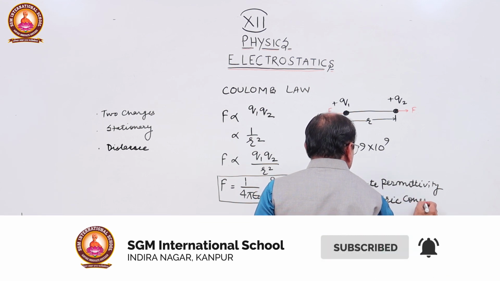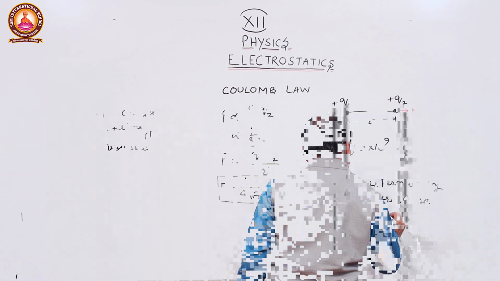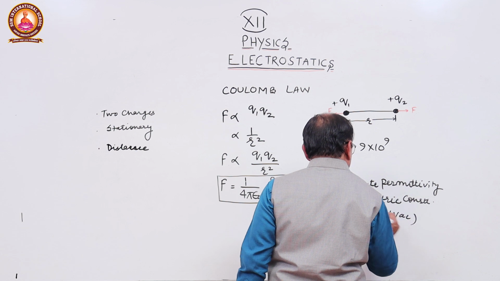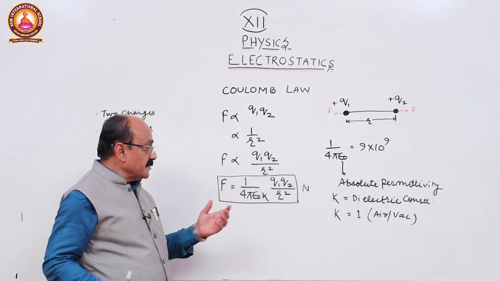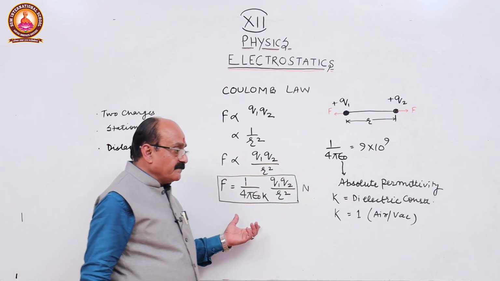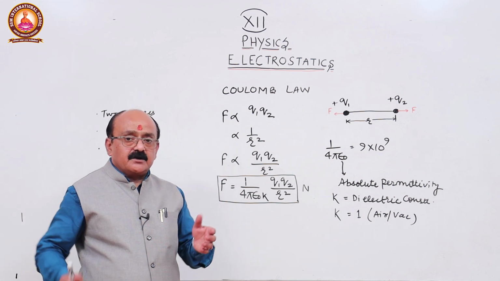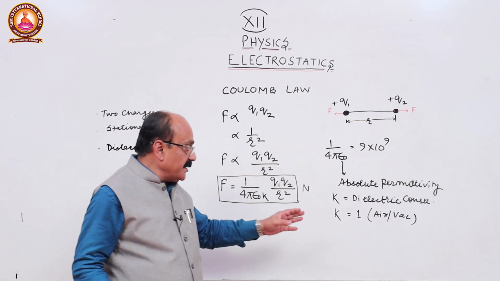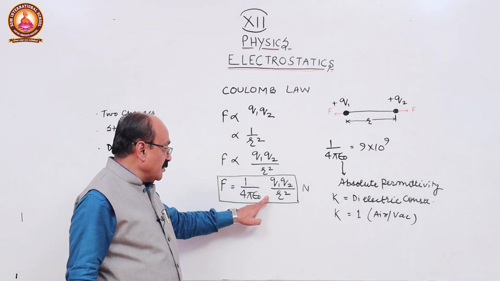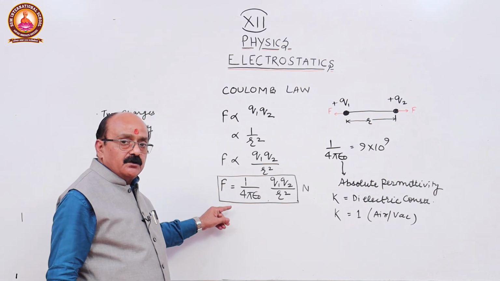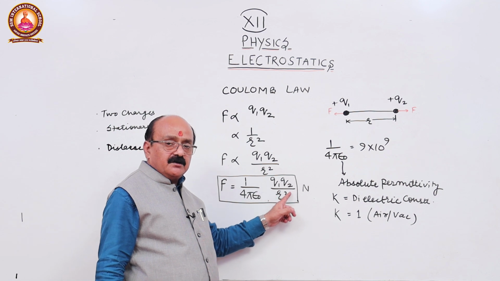The value of K is 1 for air or vacuum. So remember, this is the basic formula, and when we use it in our numericals, because the medium will be either air or vacuum, we will use this formula only, that is F is equal to 1 upon 4 pi epsilon naught Q1 Q2 upon r square.